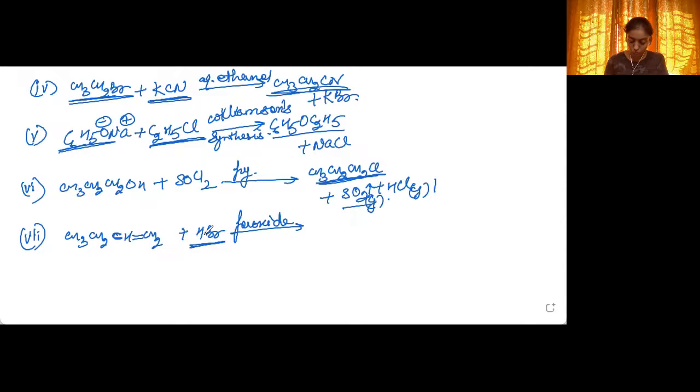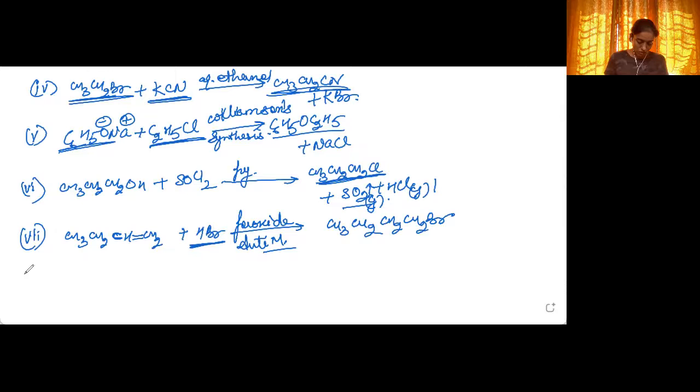So it is according to the anti-Markovnikov's rule. So according to anti-Markovnikov's rule, what will be the product formed? Hydrogen, that is the positive part of the addendum, will go to that carbon which is carrying a lesser number of hydrogen atoms. So this will be the product formed.